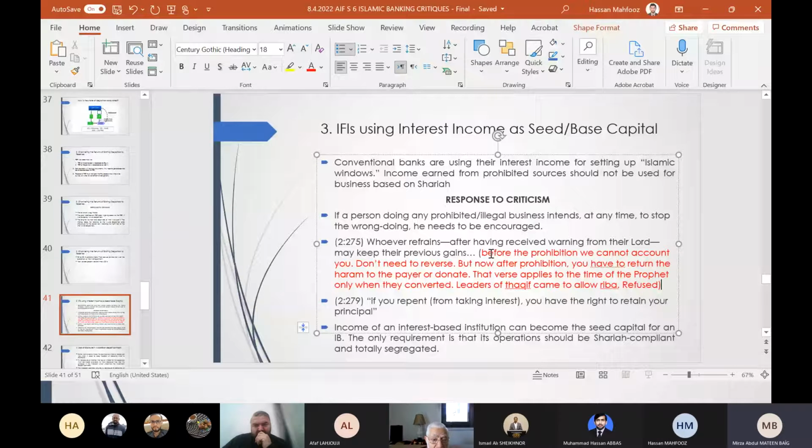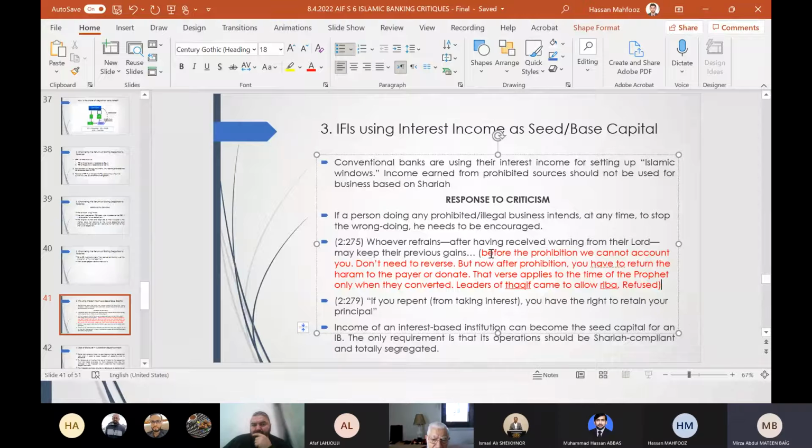And secondly, Professor, if the conventional bank is not in a position to give a loan or arrange capital for the Islamic window, can the Islamic window borrow in an Islamic way through other Islamic banks? Borrow from other Islamic banks? Yes, take financing from other Islamic banks to establish an Islamic window.